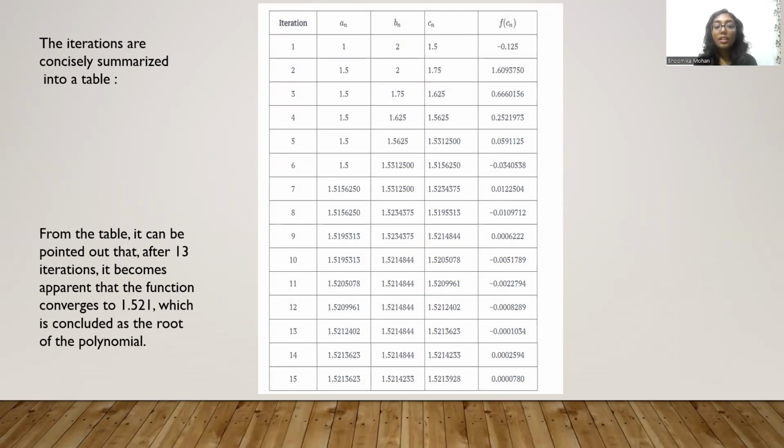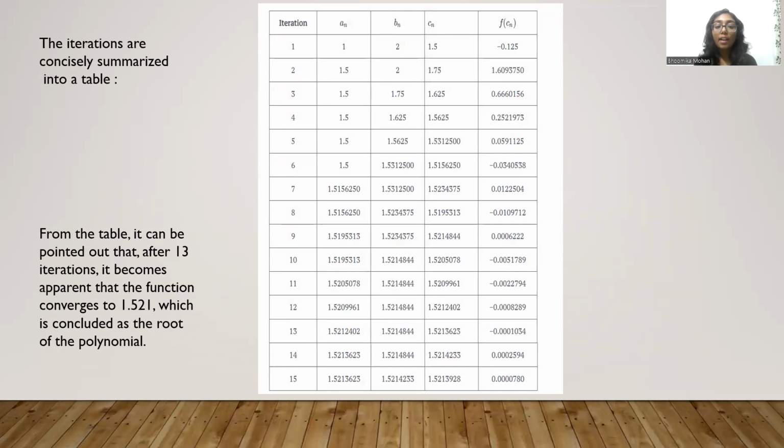Second iteration, an is 1.5, bn is 2, cn is 1.75 and f of cn is given by 1.609375. Third iteration, an is 1.5, bn is 1.75, cn is 1.625, f of cn is given by 0.6660156.